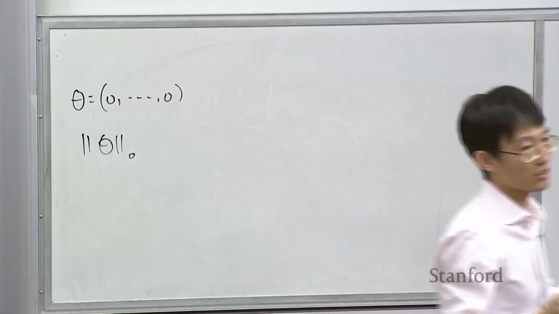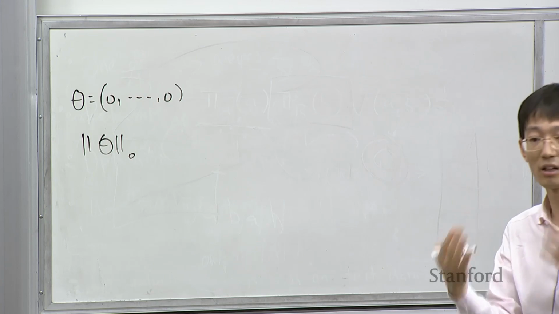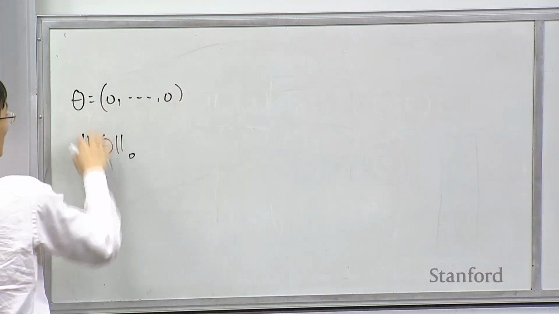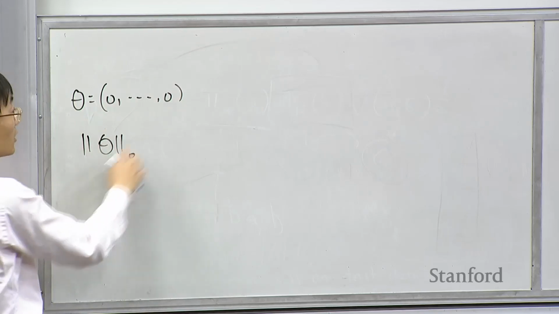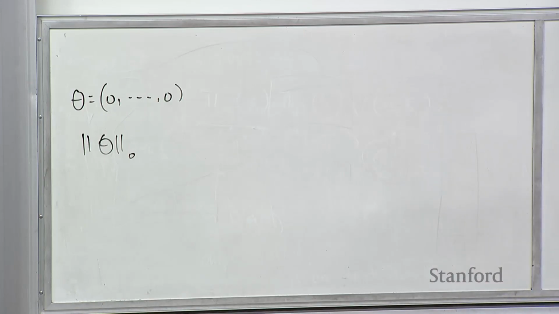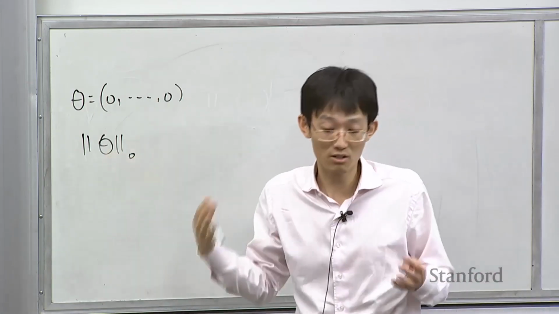A differentiable function should satisfy that if you change theta infinitesimally, then you should change the function output by a small amount. But here, currently the sparsity is 0, and if you change theta a little bit, your sparsity becomes 1. So you can have infinitesimally small changes that make the regularizer value change by a large amount.